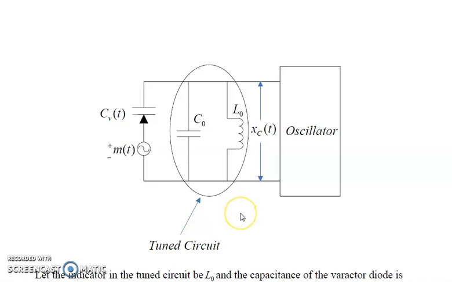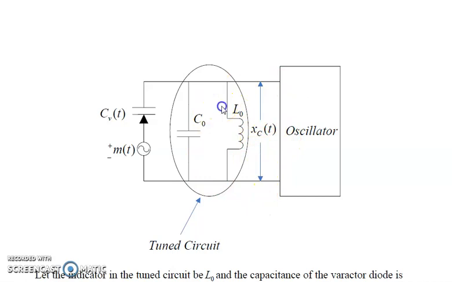Do you remember that one? If you have forgotten, open your old copy and just check it. What is an oscillator? Oscillator is a frequency generator in which two blocks are there. One is the tuned circuit, responsible for generating frequency, and for making its amplitude constant, there is one amplifier circuit.